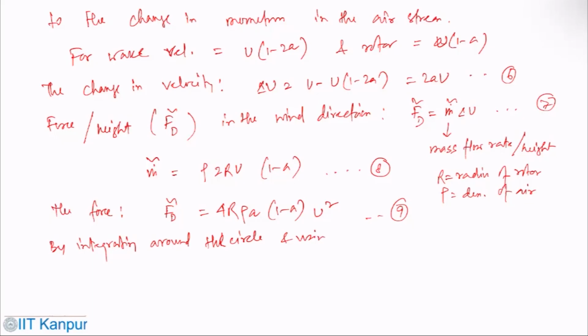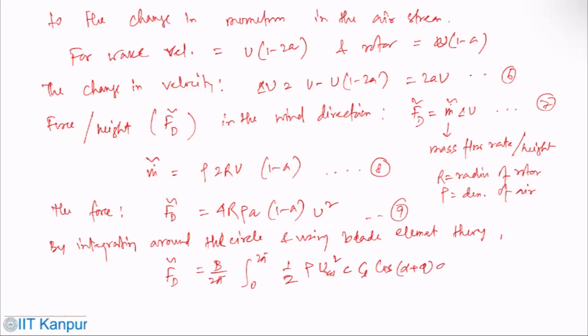What we get is B by 2 pi, integral 0 to 2 pi, of 1 by 2 rho U rel square c CL cos(alpha plus phi) d phi.